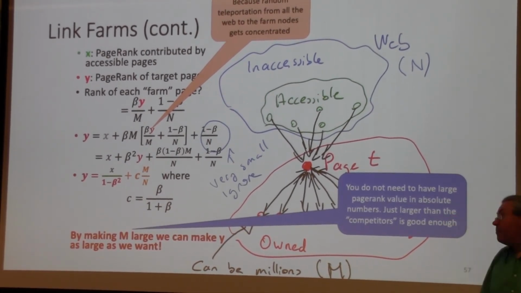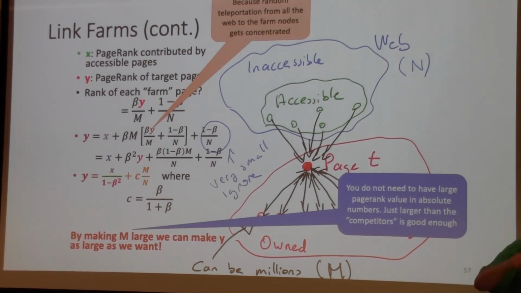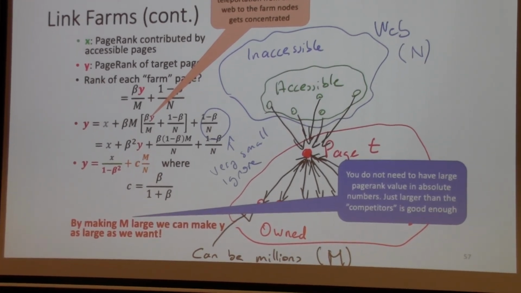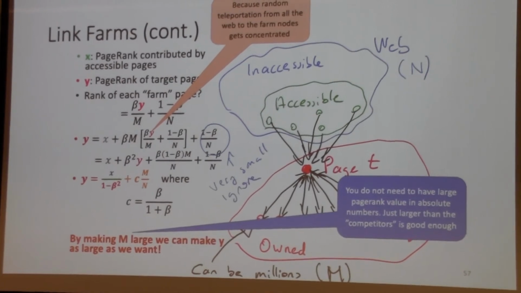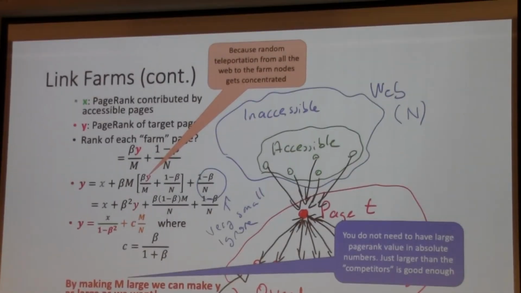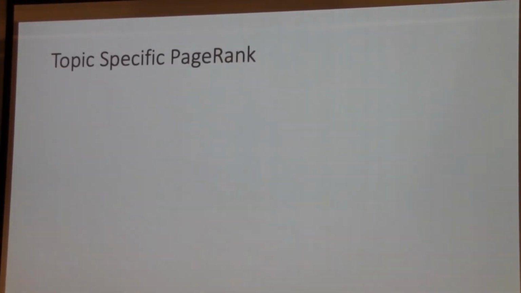So m doesn't even have to be that big. I just have to be a little bit bigger. Of course, the competitor is looking at me and also wants to be a little bit bigger, and the search engine optimization guy is very happy because both of them are going to be paying him to go higher. So that's how link farms work.